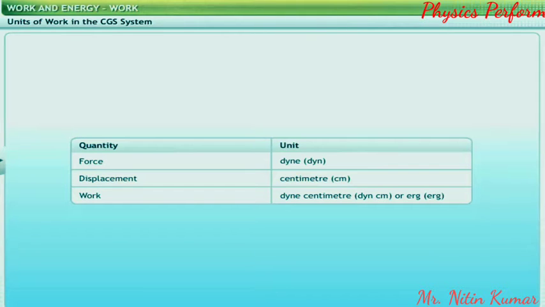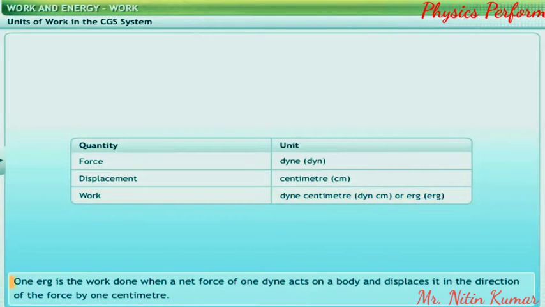Therefore, the CGS unit of work is dyne centimeter. 1 dyne centimeter is referred to as erg. Thus, 1 erg is defined as the work done when a net force of 1 dyne acts on a body and displaces it in the direction of the force by 1 centimeter.